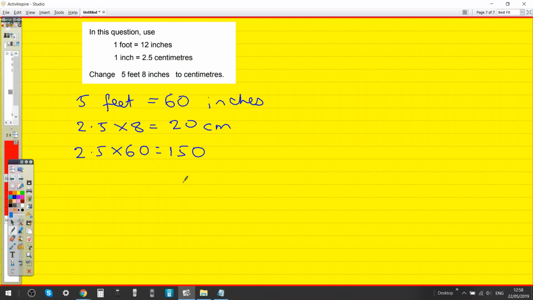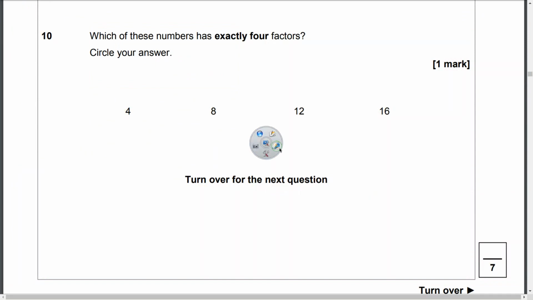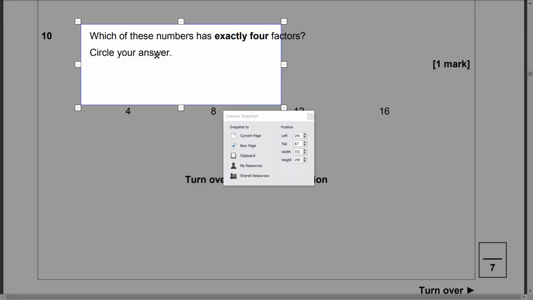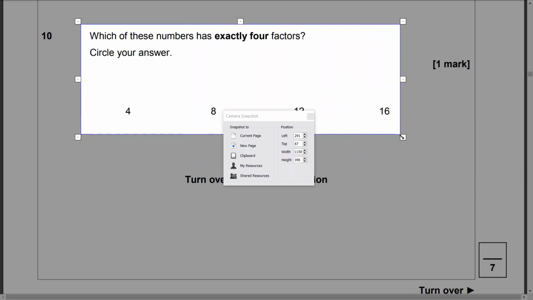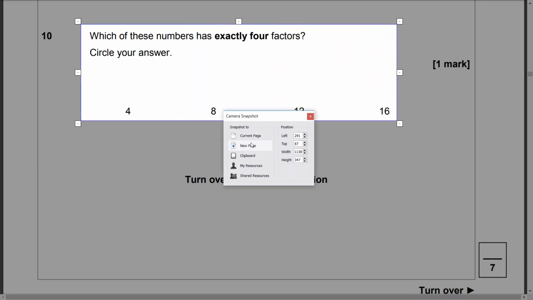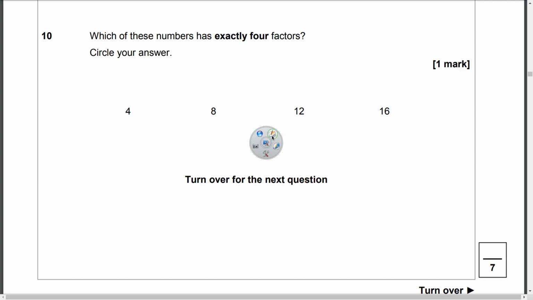So it's 150 plus the 20, so all in all it's 170 centimetres. Well done. So just lean on the question and read the question. Biggest, very common thing people do.